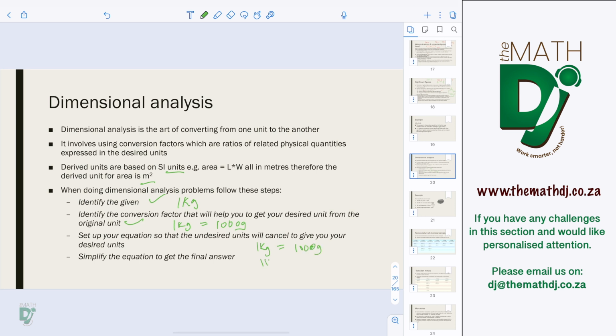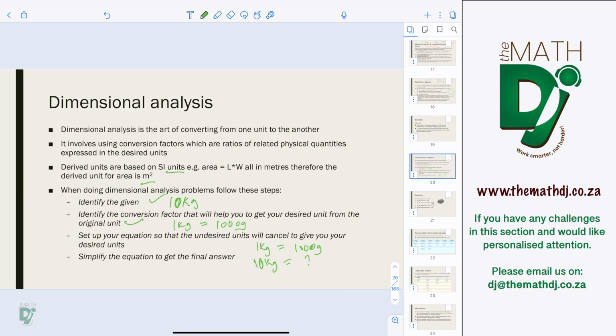So 1 kg goes to what? Let's make it 10 kgs, so that it makes more sense here. So here we want to know 10 kgs. Basically, this is a proportion.